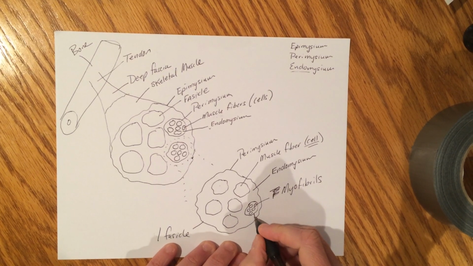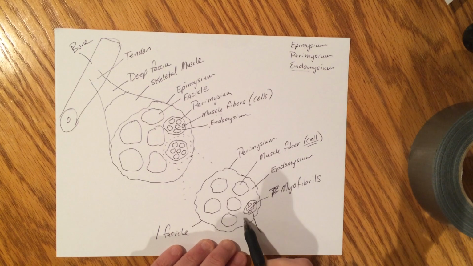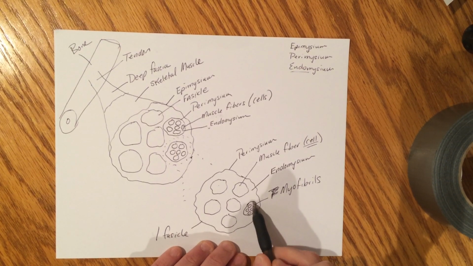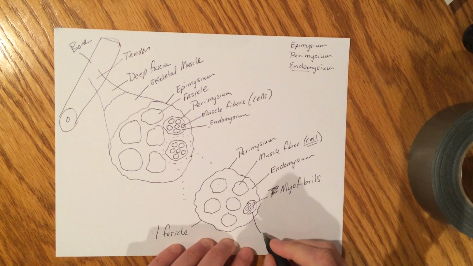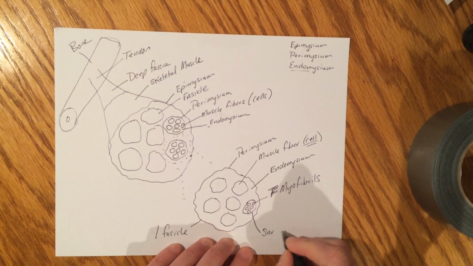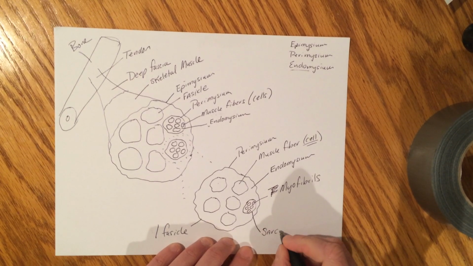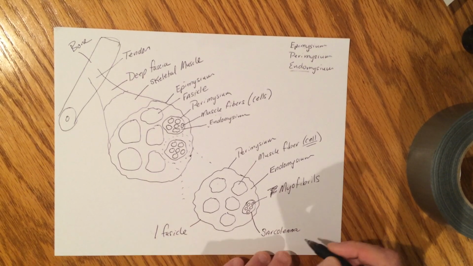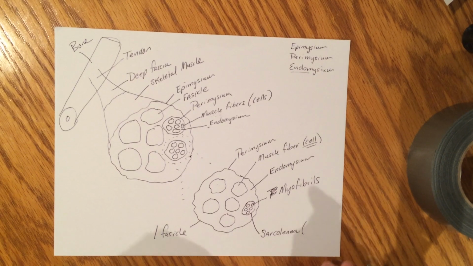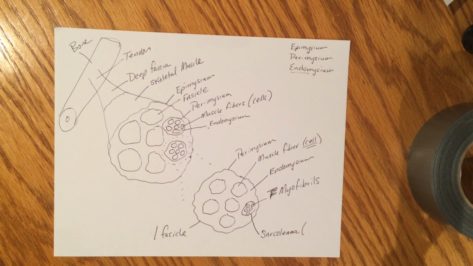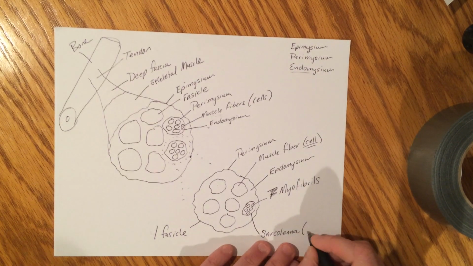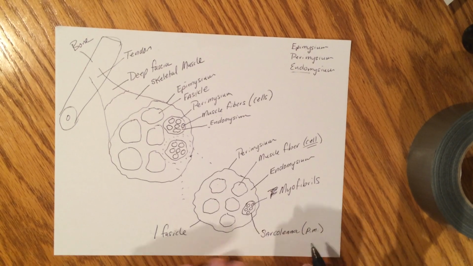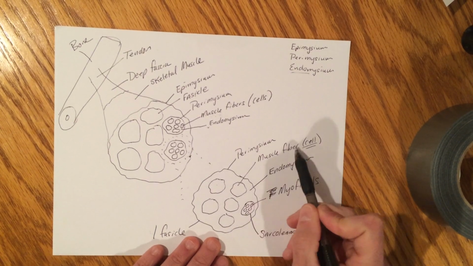Now, when you look at this muscle fiber itself, it has myofibrils inside, but it has this stuff around it. So here's the endomysium, but what is this around each fiber? That's called the sarcolemma. Save some space here for me. Sarcolemma, that's 2 M's, sarcolemma. Now, the sarcolemma is technically, this is why I don't like to include it as connective tissue, because it's not. This is actually the plasma membrane of the cell called a muscle fiber.